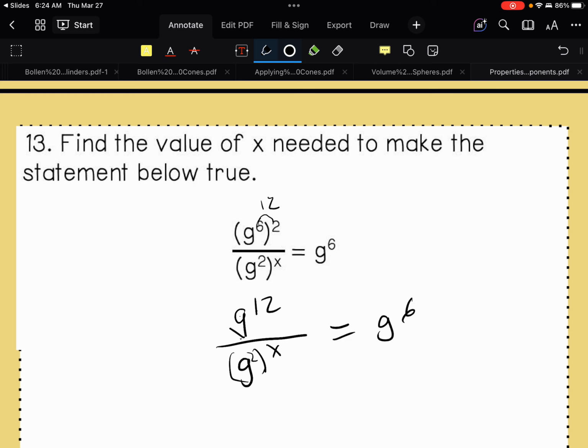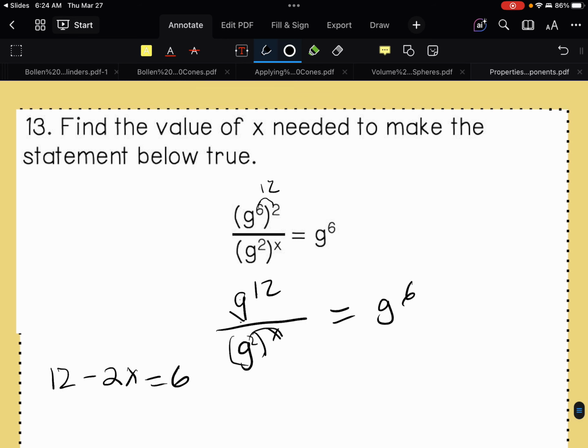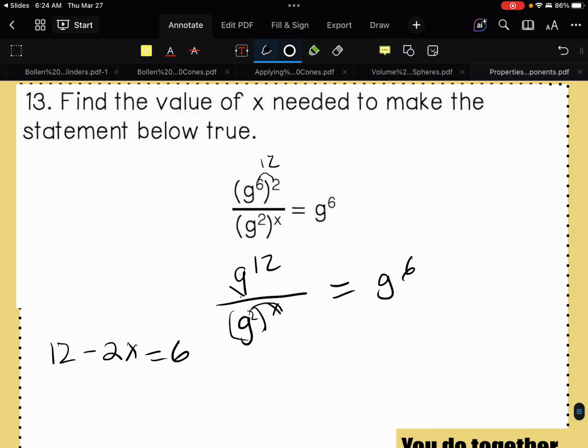So what would we do if we know we had this? We would do 2x, right? We'd multiply the 2 times x. And then it would be 12 minus 2x equals 6. So then we just solve that equation, because you multiply those since it's a power to a power.